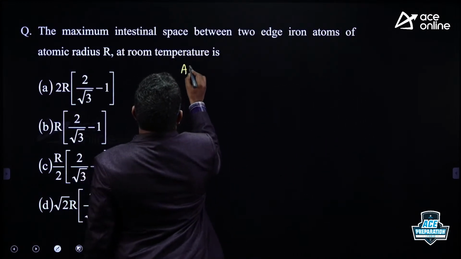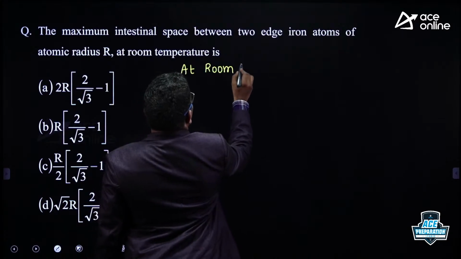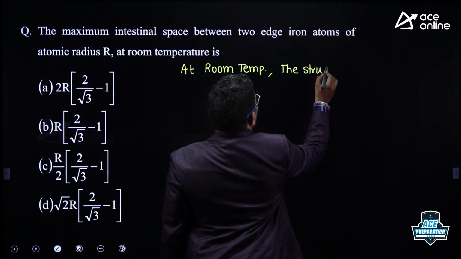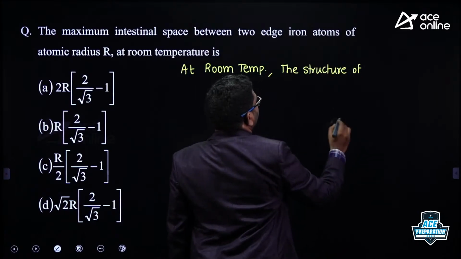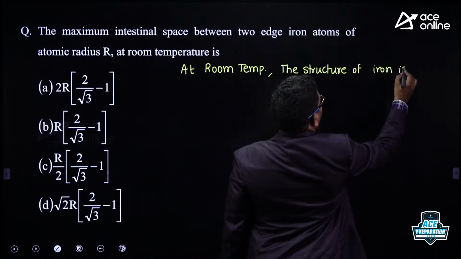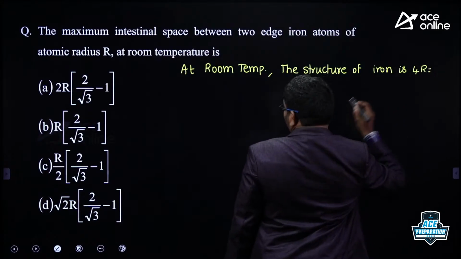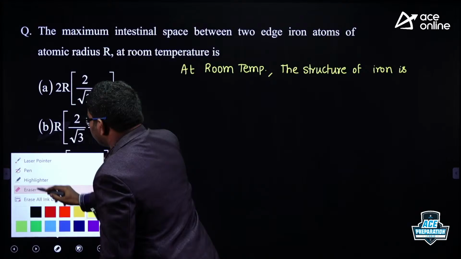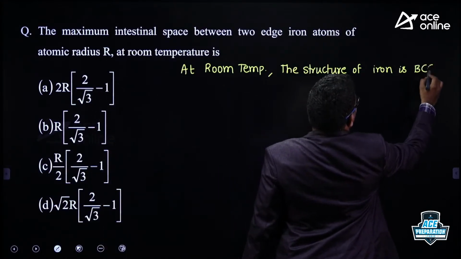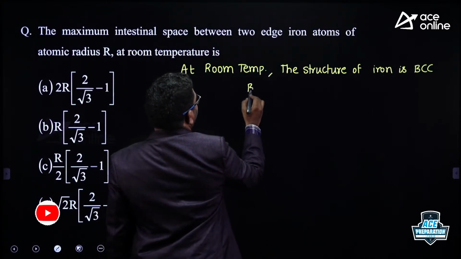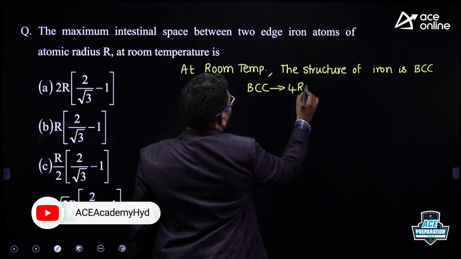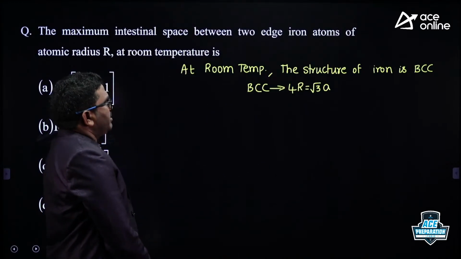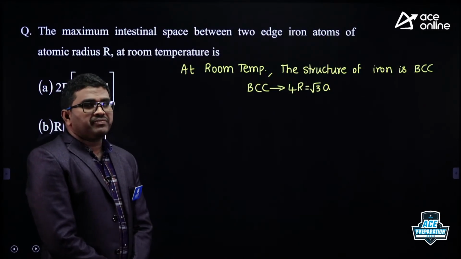Remember, at room temperature the structure of iron is BCC, and BCC follows 4R equals root 3 A, right.